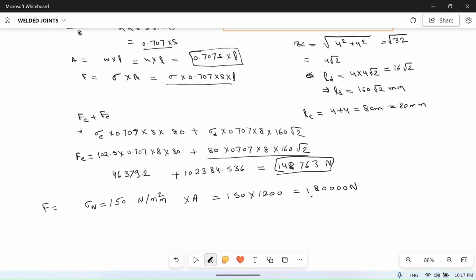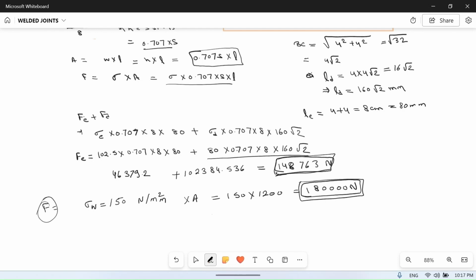So the maximum load applied on this tie bar is 1,80,000 Newton, but the maximum load which can be resisted by this welded joint is less. So our welded joint is weaker than the maximum load required. This has to be minimum 1,80,000 Newton, because this is the working load on this tie bar.